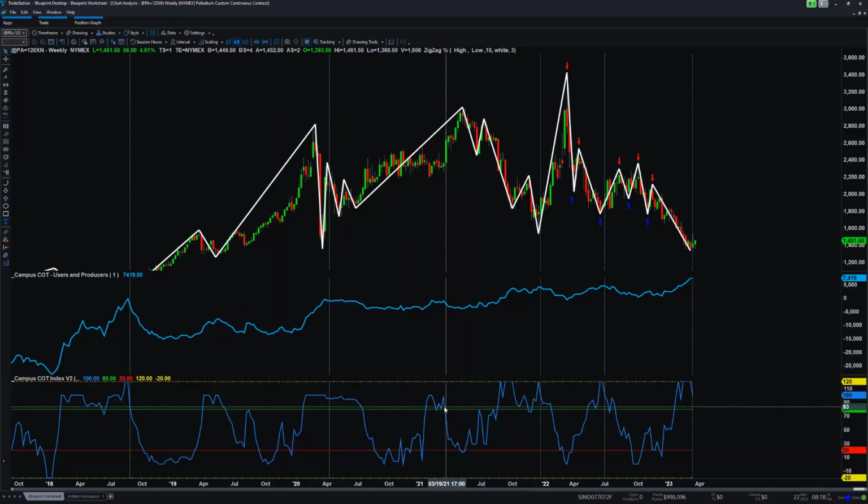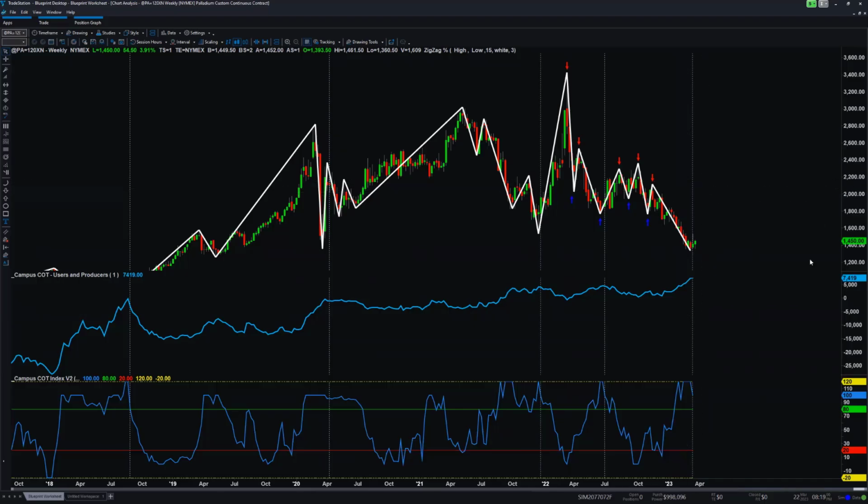There's a shorter kind of extreme that's just above the green line or below the red line. Those are like 6 months extremes. But then there's these really bigger picture extremes. And this is when the commercials hit the yellow line.